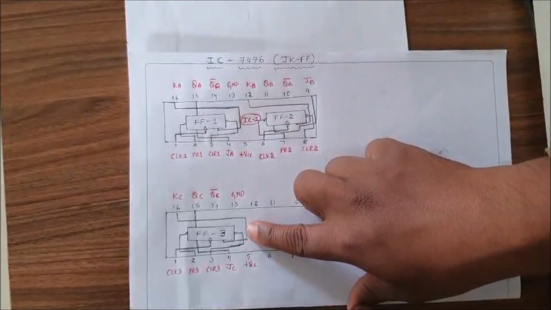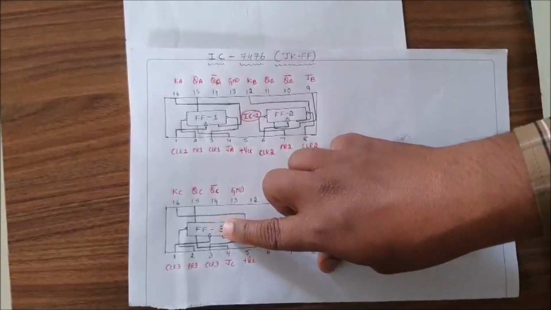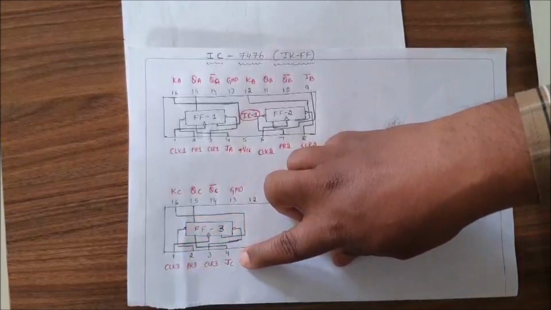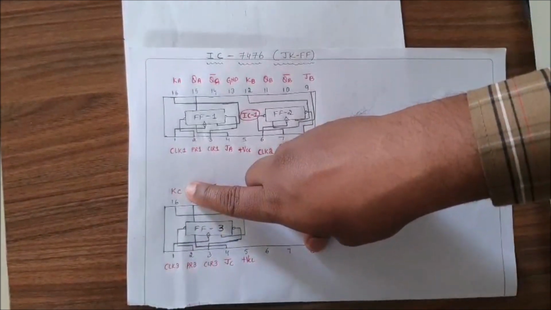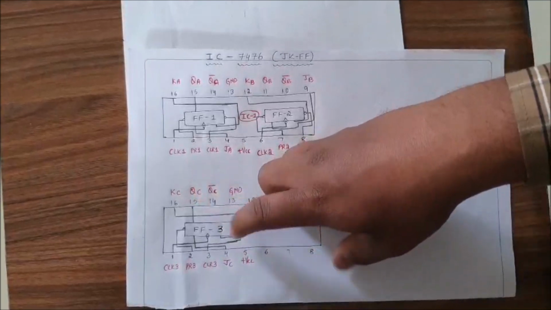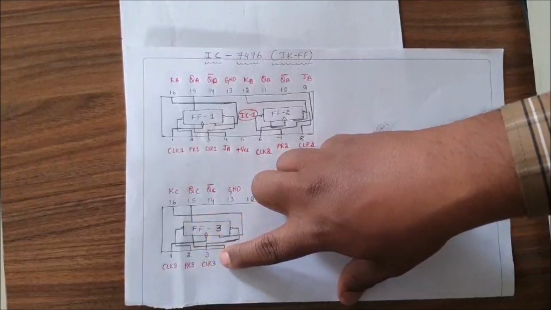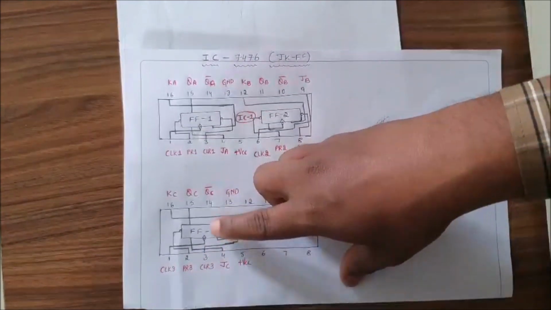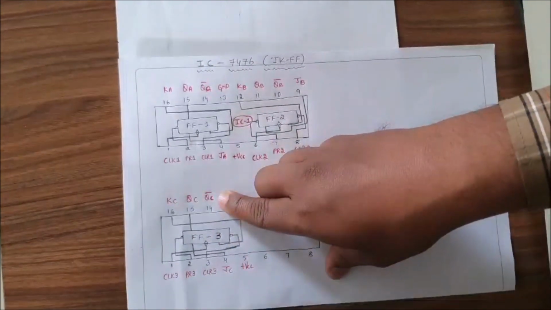So here we have flip-flop 3, that is JK flip-flop 3. For this flip-flop, again we have 3 synchronous inputs: clock 3, JC, and KC. And we have 2 asynchronous inputs, that is PR3, which is a preset 3, and clear 3. Coming to the outputs, we have 2 outputs, one is QC, another one is QC bar.